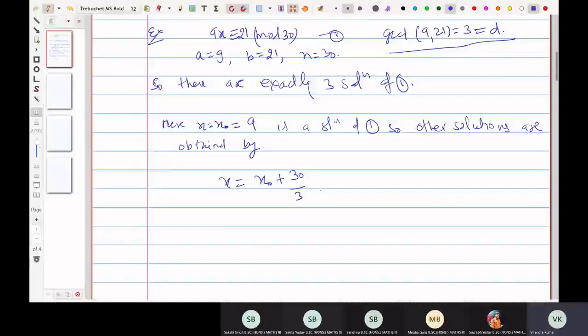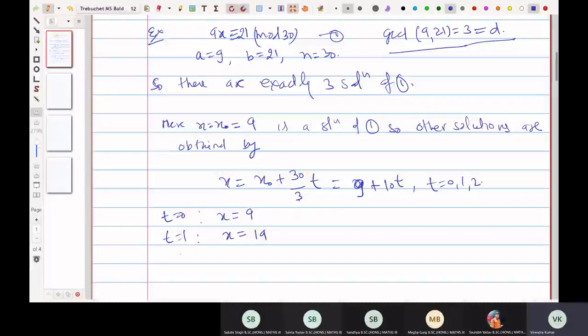So x equals 9 plus 10 times t, and t can take the values 0, 1, 2, three values. So t equals 0 gives x equals 9, and t equals 1 gives x equals 9 plus 10, which is 19, and 19 under modulo 30 is 19 only.